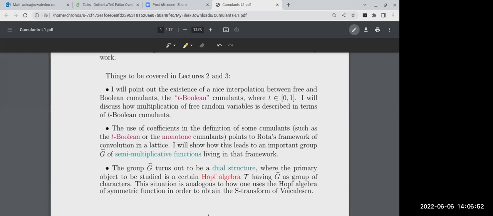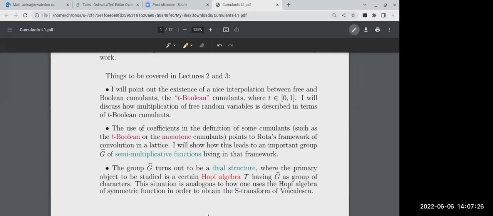For the other two lectures, here is a little outline of what is coming. My purpose is to show how cumulants are used for doing calculations with free random variables, and particularly there is this, so to speak, mysterious wisdom of the Boolean cumulants, because Boolean cumulants wouldn't be supposed to have applications to free random variables, yet they do.